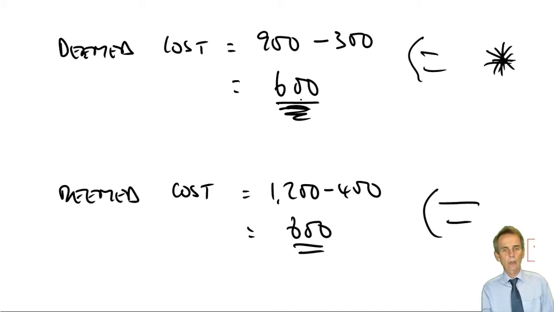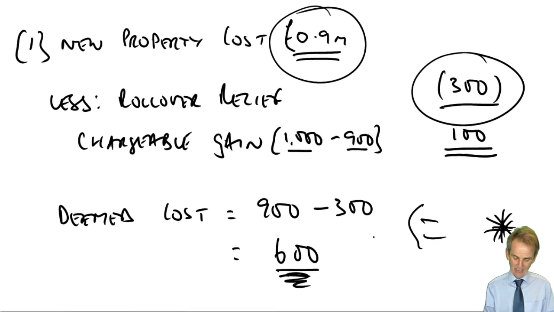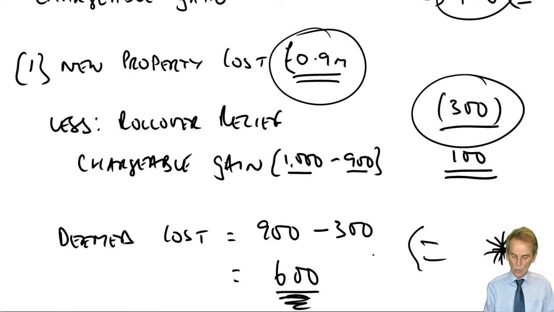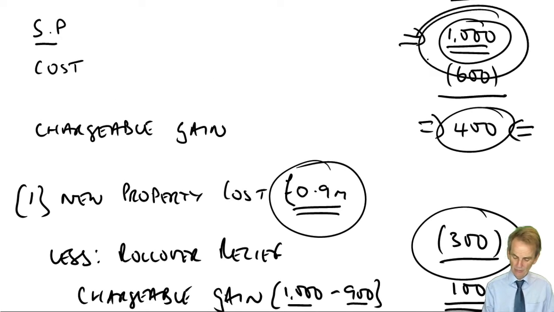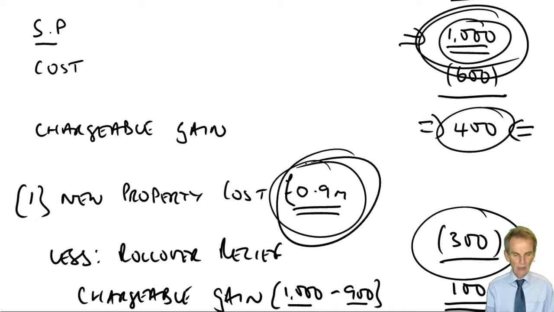Lower cost on a future disposal gives rise to a bigger gain, but guess what? If you reinvest all the proceeds at that future point in time, all of that gain then arising will continue to be deferred. Only when, as you see here in this second circumstance, you take money out on the deal, you sell for 1 million, you buy for 900,000, to the extent that you've withdrawn those proceeds, you have the cash available.